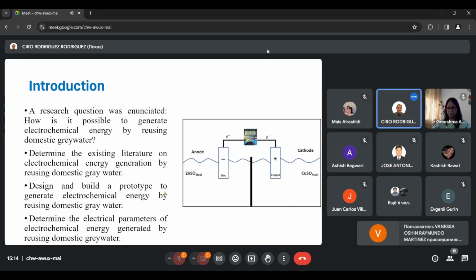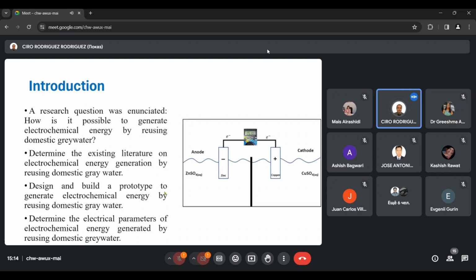So before the study, we asked the research question: how is it possible to generate this electrochemical energy by reusing domestic grey water? So here the objective is to determine the existing literature on electrochemical energy generation by reusing this domestic grey water, and design and build a prototype to generate electrochemical energy by reusing domestic grey water. The objective is also to determine the electrical parameters of the electrochemical energy generated by reusing domestic water.